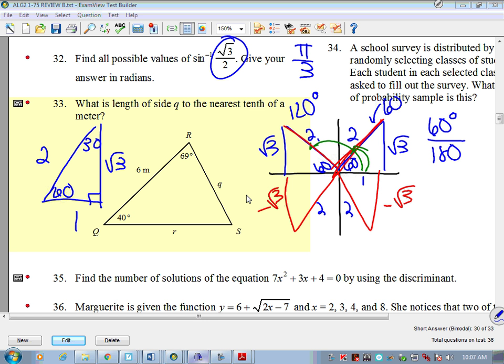Okay, do we remember that a little bit? How are we going to get radians for 120? 120 divided by 180. What's 120 divided by 180? Two-thirds? Okay, so how am I going to write that as a radian? 2 pi over 3.